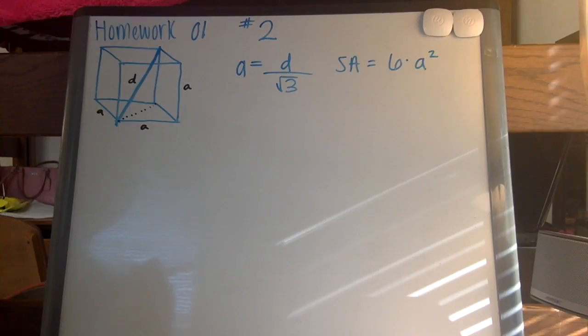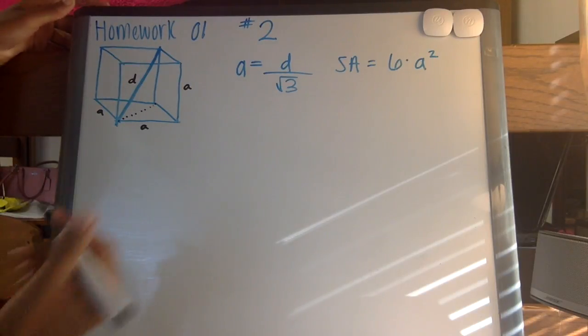And now we're going to move on to part 2. In part 1, we found the side length, which we use a to represent, is d over the square root of 3. Now we're going to find surface area. Surface area is the area of one side, which is a squared, because each side is a square, times 6 because a cube has 6 sides.